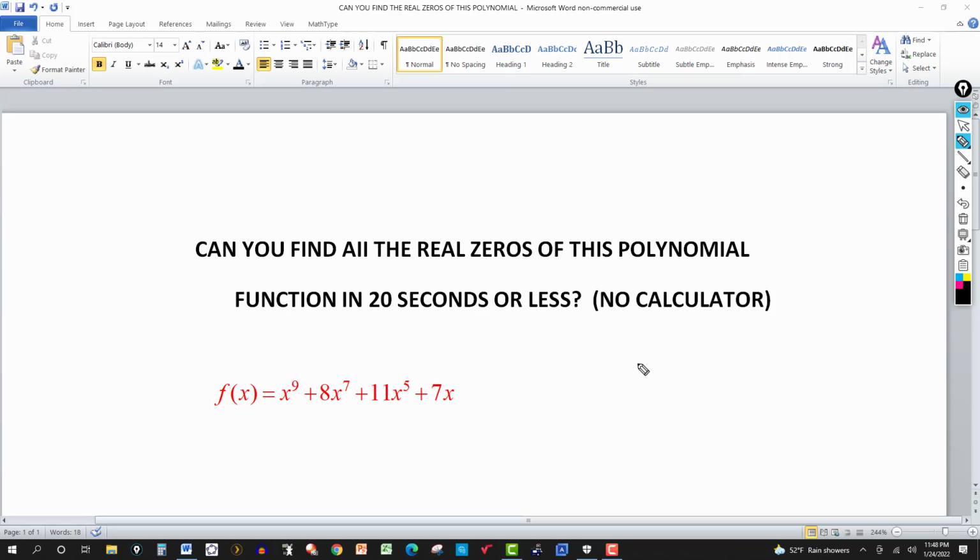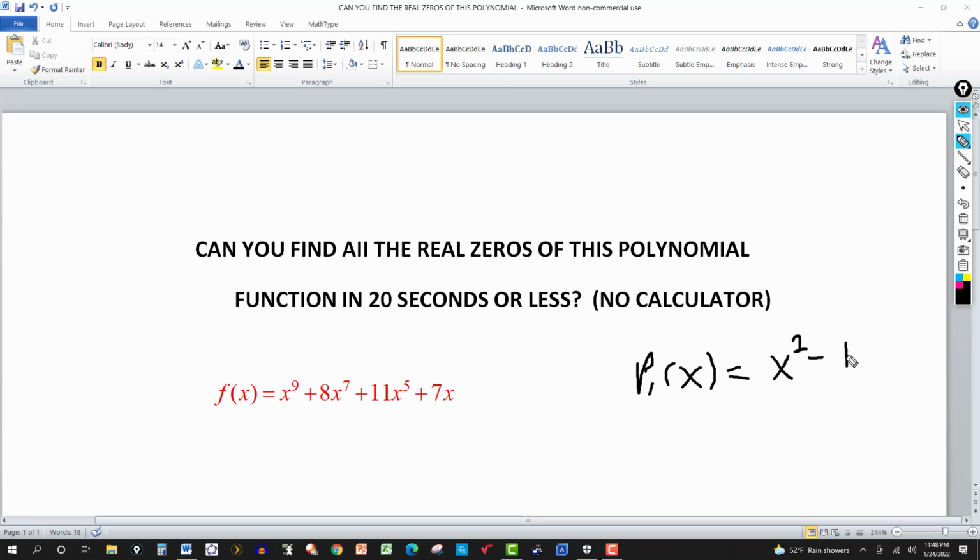So for example, let's try the polynomial function p1 of x is equal to x squared minus 1.